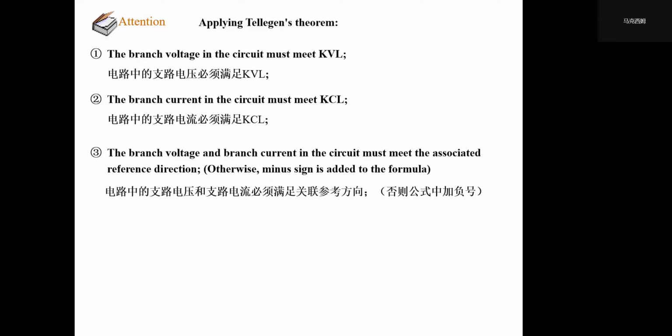It can only be transferred from one object to another, or transformed from one state to another. That is the energy conservation theorem. So the first expression of Tellegen's theorem actually comes from the energy conservation theorem.